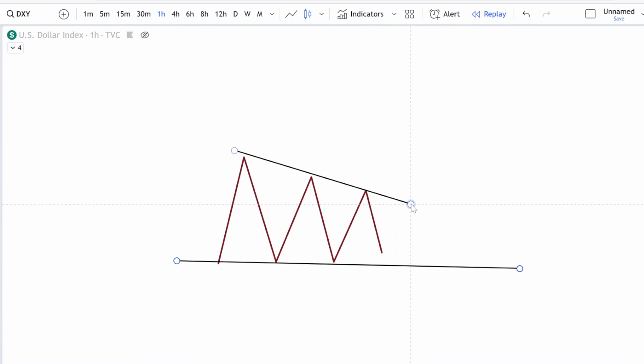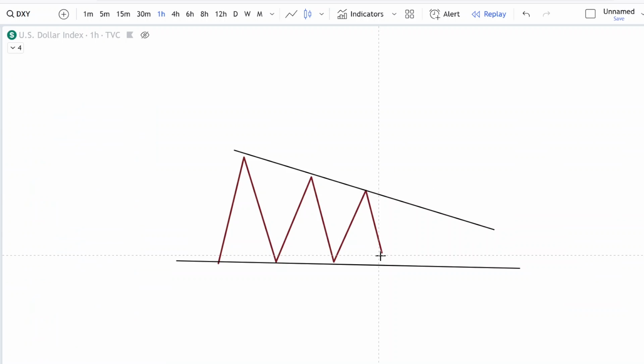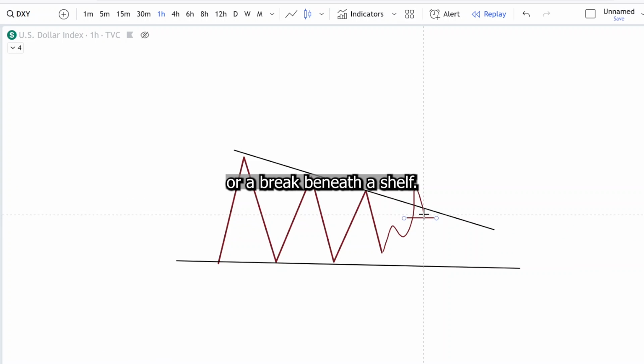So what are you going to do here? Well, the same concepts apply. So you would look for the exact same thing as you would look for if it was a channel. You would look for a breakout, a close back in, or a break beneath a shelf.